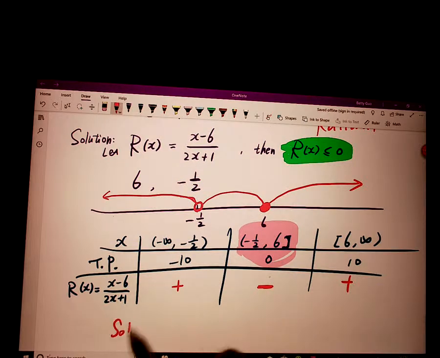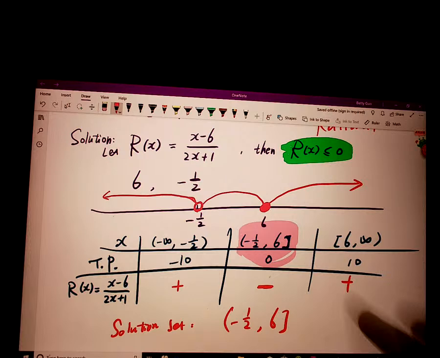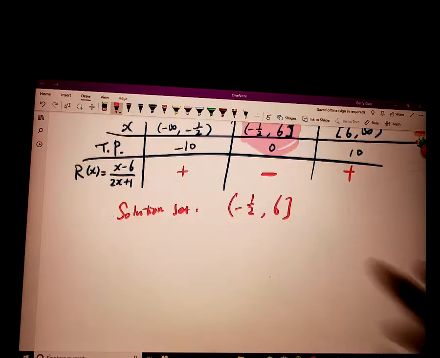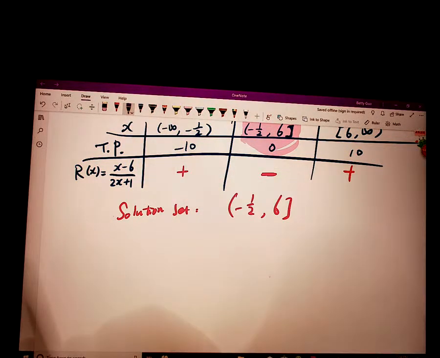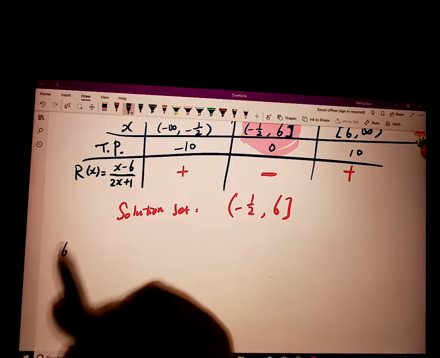Conclusion: the solution set of the original inequality is negative half to 6, left open, right closed. I explained earlier why we have 6 included and negative half excluded. You can replay the video and make sense of that.